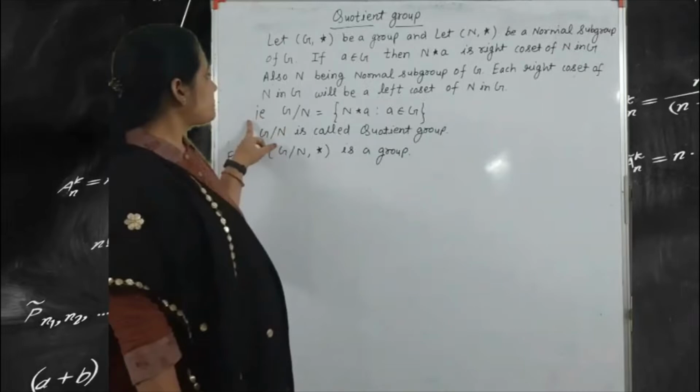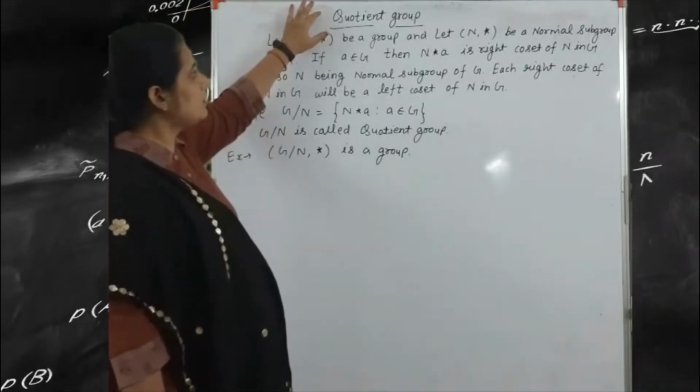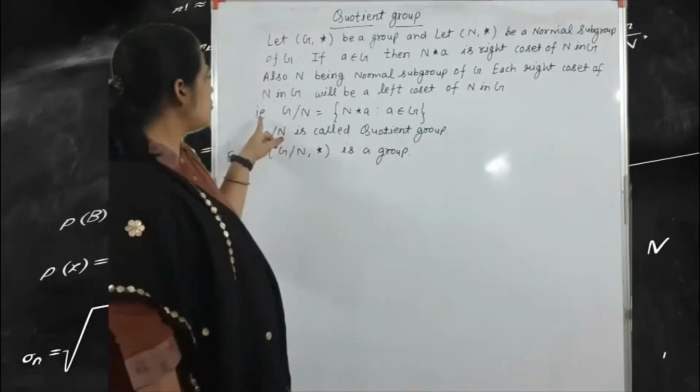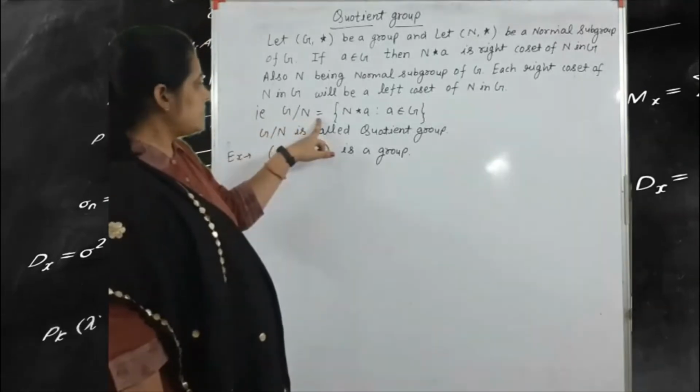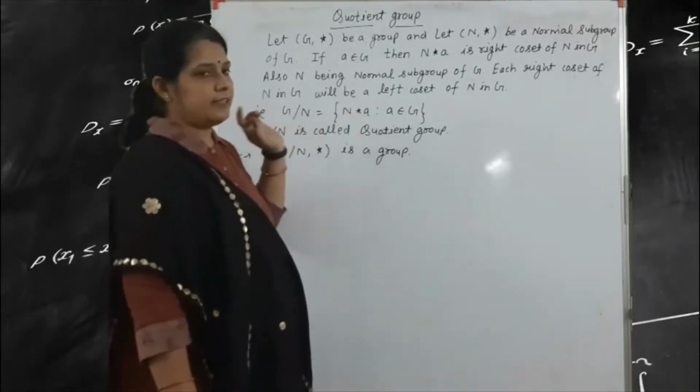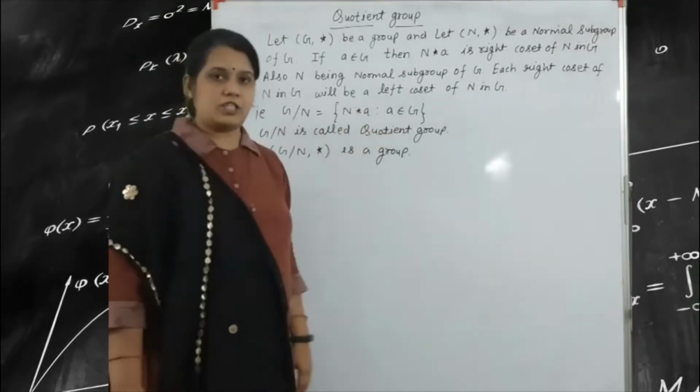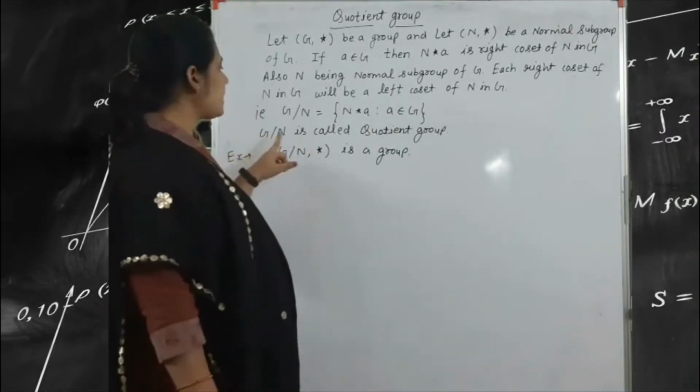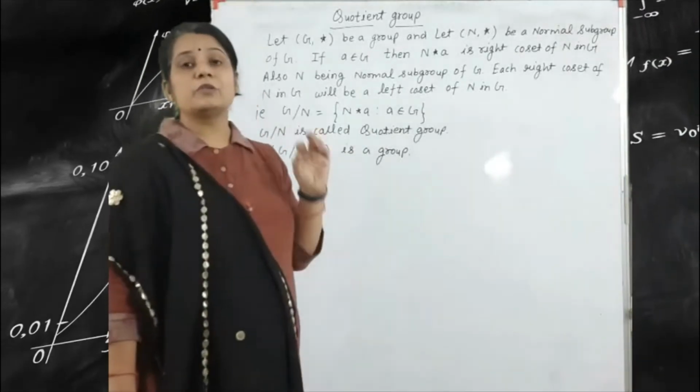So how do we define the quotient group? G by N is equal to N star A such that A belongs to G. So G by N is called the quotient group.